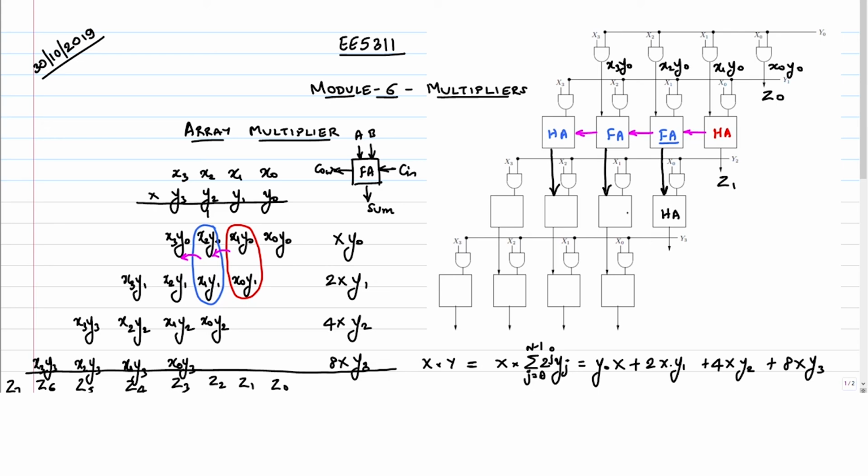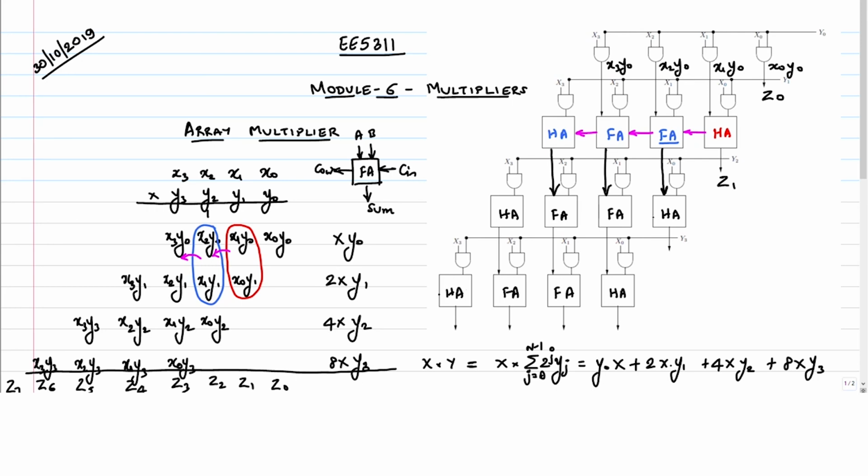This is a half adder. This one, full adder, half adder. Right? We have to be careful here. Okay, for now we'll keep it as half adder. The last stage again, half adder, full adder, full adder and half adder by the same logic.